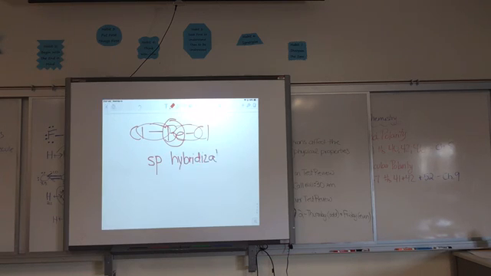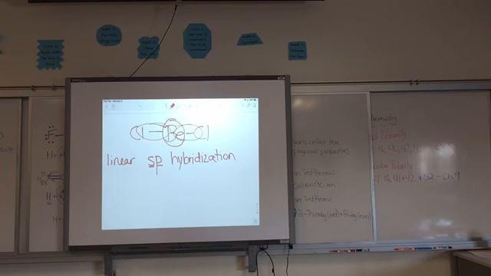What shape do you see up there? Starts with an L. Linear. So linear molecules make sp hybridization, because there are 2 areas of overlap. S and P. S1, P1, 2.